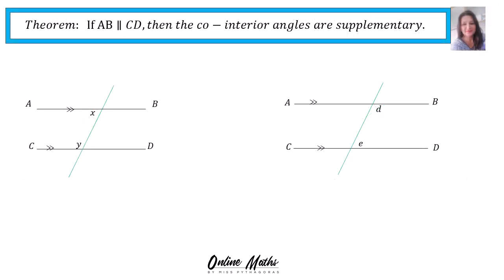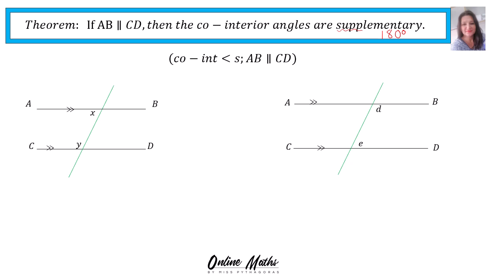Now the third theorem on parallel lines states, if AB is parallel to CD, then the co-interior angles are supplementary. Can you remember, supplementary means they add up to 180 degrees. The abbreviation that you may use in the exam is co-int angles, and then remember they are supplementary, and then AB parallel to CD.